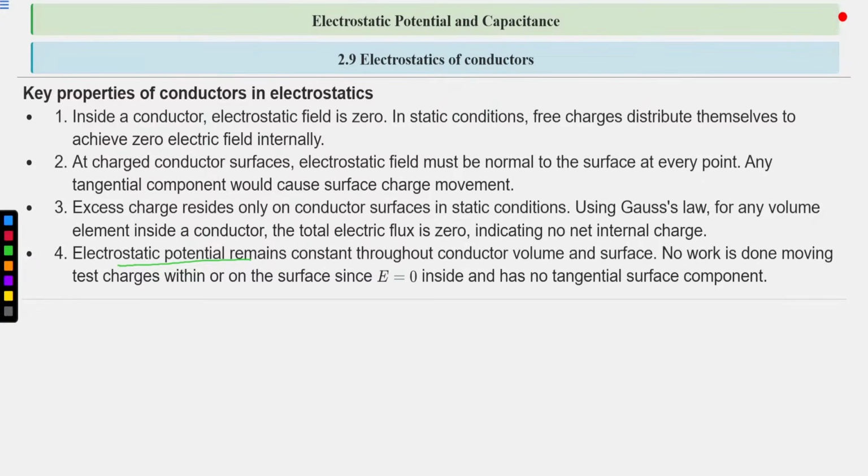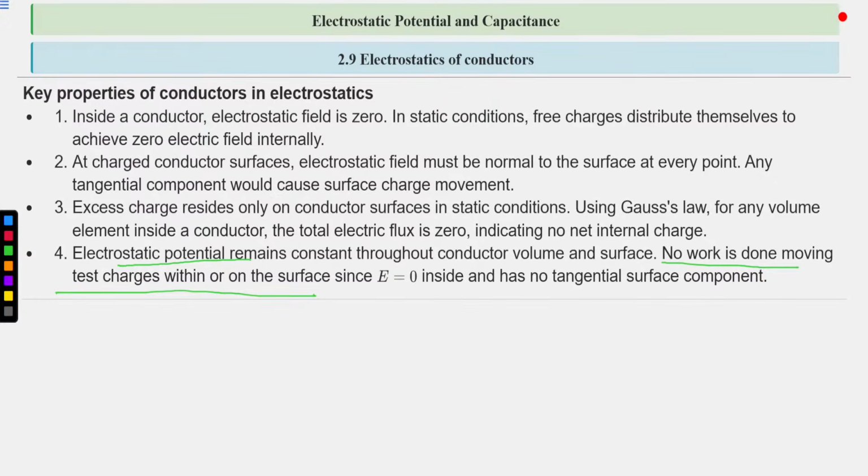So if no work is done moving a test charge within or on the surface, what does it mean? Work is equal to charge times potential difference. So if work is 0, this means the potential difference is also 0 between any two points in the conductor.